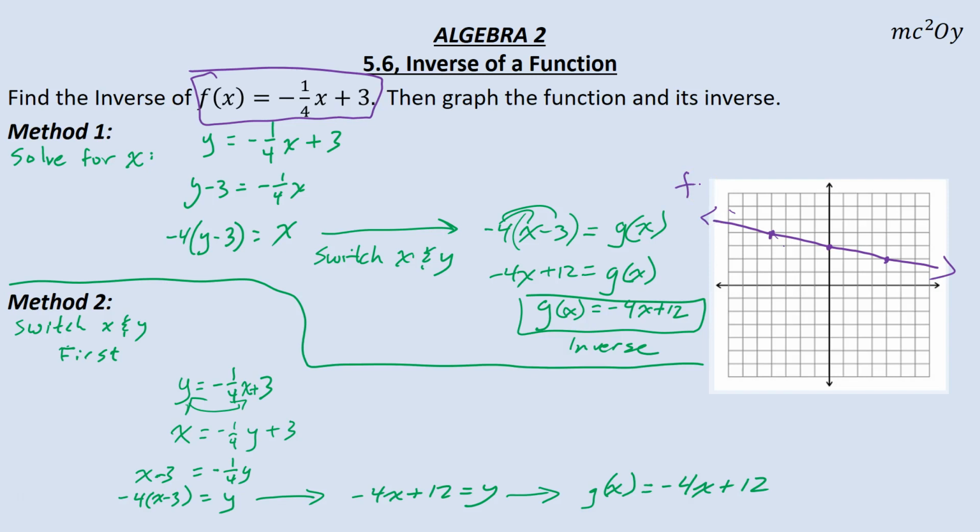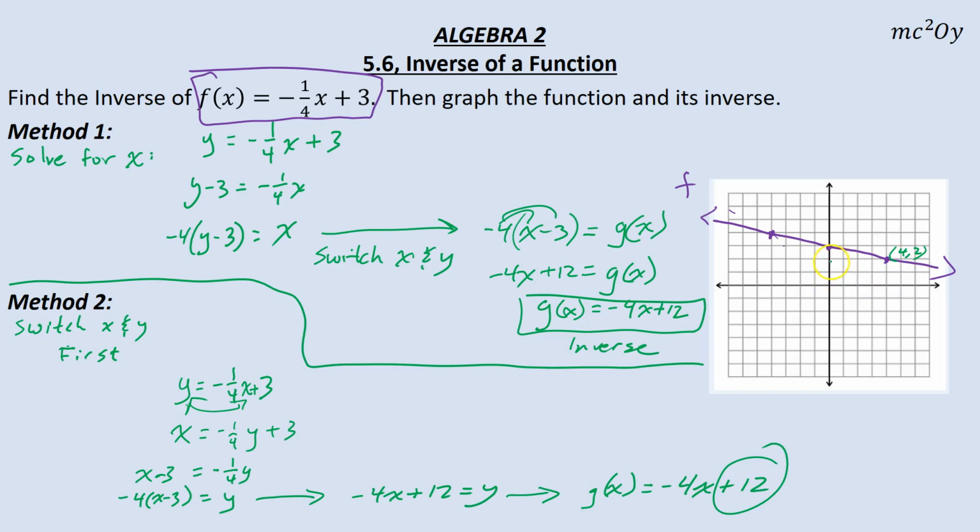Now you'll notice if I use the y-intercept for my inverse, the y-intercept is 12. The problem is this graph doesn't go up to 12 and I didn't change my scale. But remember, I could just switch my x and y. So this coordinate right here is at (4, 2).